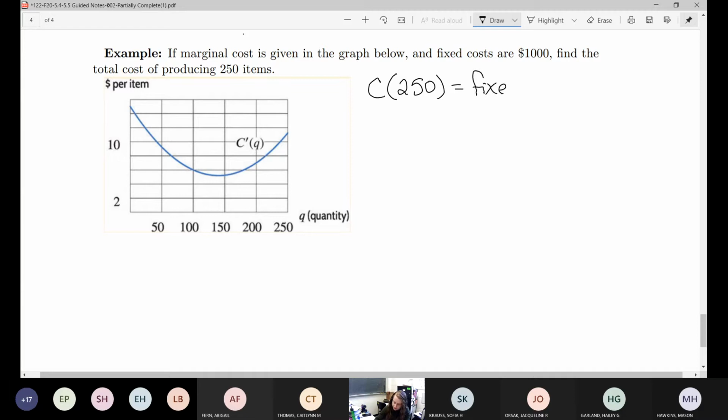Well, this would be the fixed plus the variable. The fixed costs were actually given. That's stated to us in the problem as $1,000.